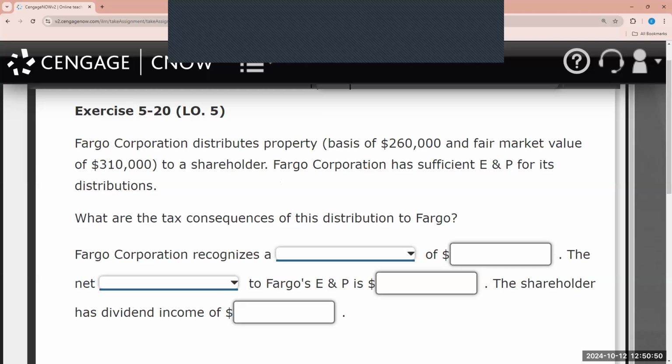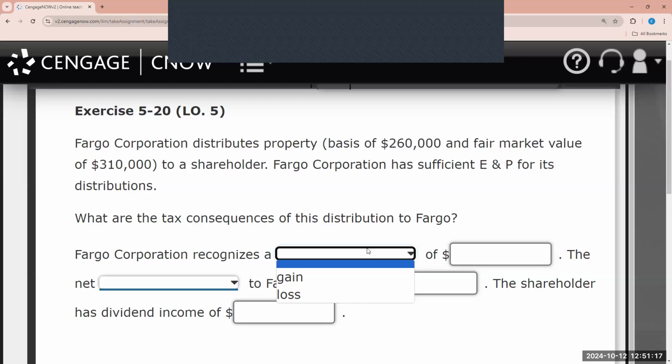What are the tax consequences of this distribution to Fargo? We see the basis was $260,000 and the fair market value was $310,000. So this is an example of a property dividend with appreciated property. $310,000 minus the basis of $260,000 is a gain of $50,000.